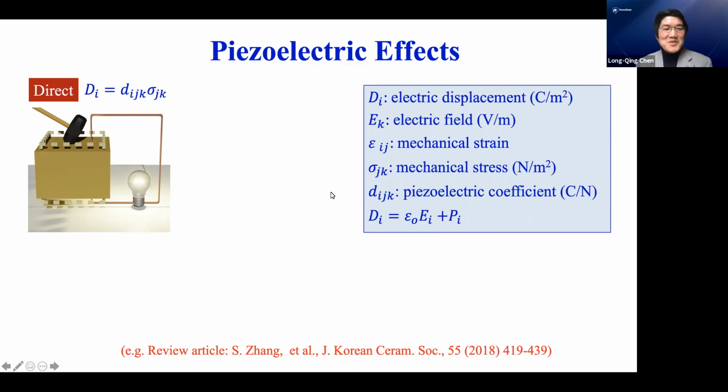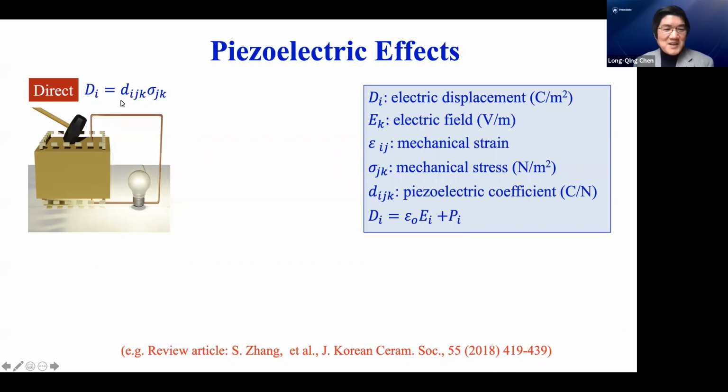So here, let's say that we apply a mechanical stress, then the crystal will produce electrical displacement. In general, in crystals, we represent these quantities using so-called tensors or vectors. Stress is a second-rank tensor, and electrical displacement is a vector.